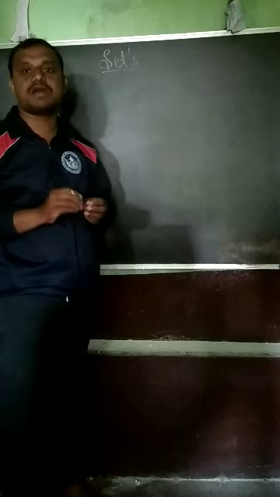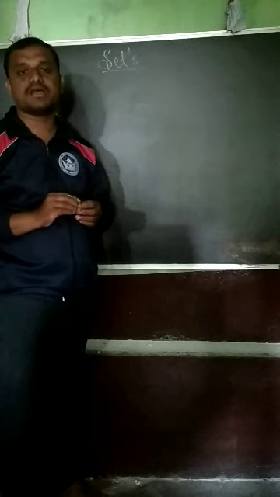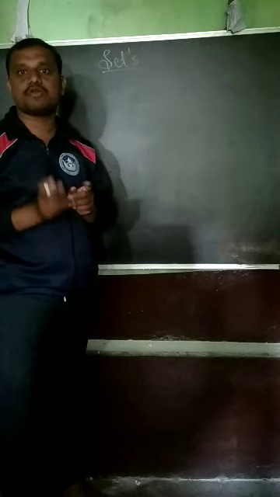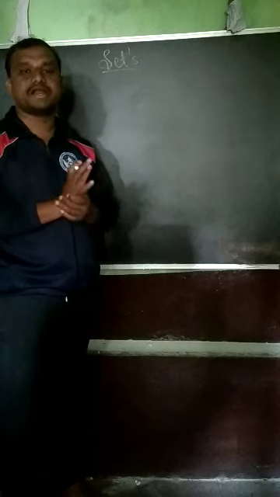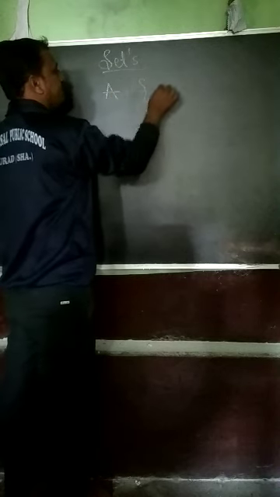Sets are represented by capital letters A, B, C, D, and the elements or members of a set are represented by small letters. So set A is an even number set.